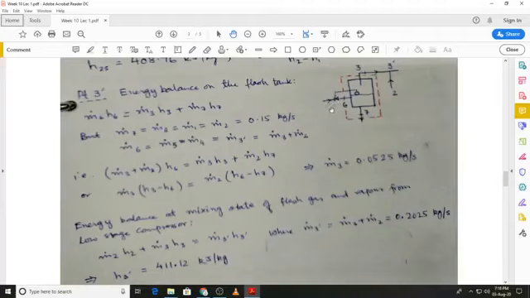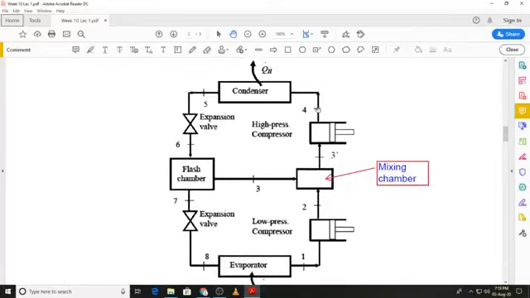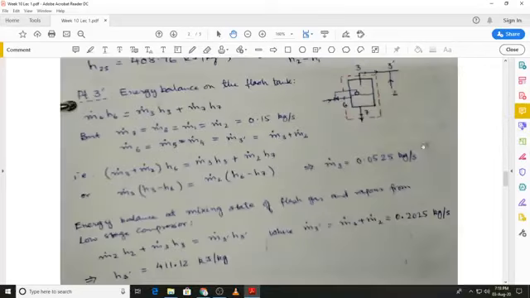That is, if we go back over here, you can see the mass flow rate that comes from the high stage compressor goes into the condenser. The same mass flow rate goes through the expansion valve from state 5 to 6 and then enters the flash chamber.